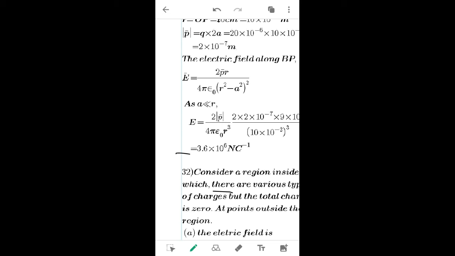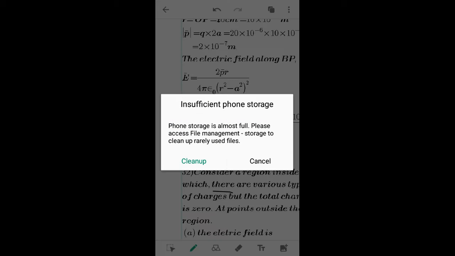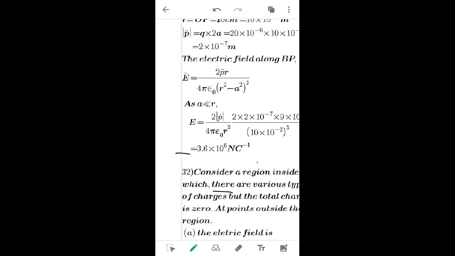Now the electric field, what is it given by? Electric field is given by 2pr by 4 pi epsilon naught (r square minus a square) whole squared. So this is the equation in the theory, where the point is on the axis of the dipole, it is solved in your theory.